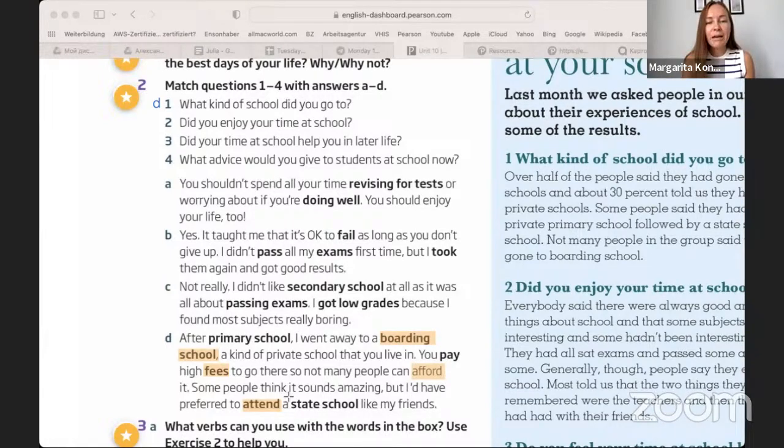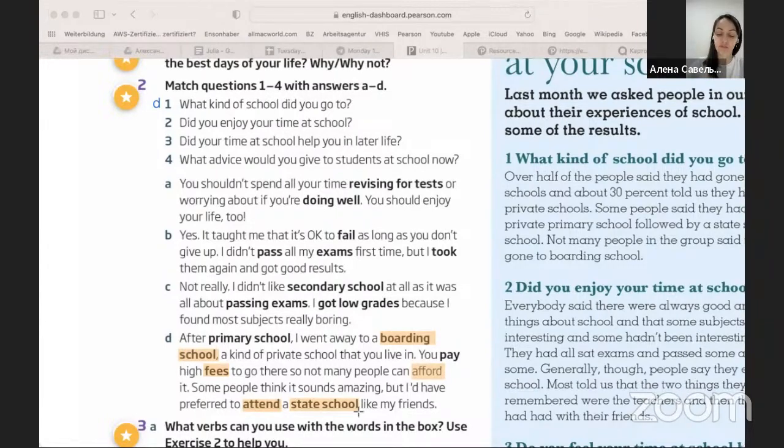And then we have state school, which is not private. So state school is a school which is not private. Государственная школа. State school. So does your daughter go to a private school or to a state school?